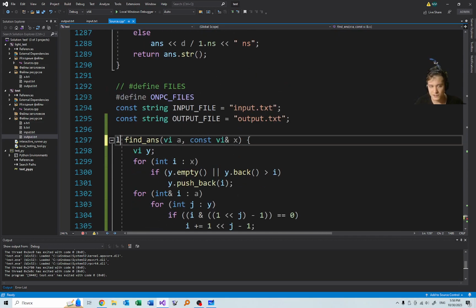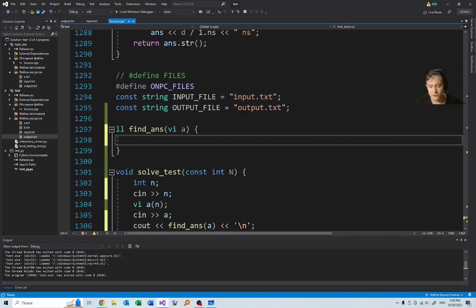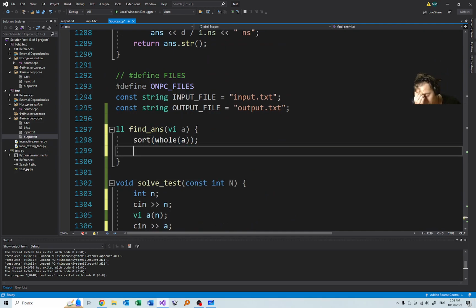How to find answer? So first of all, we need to sort it.